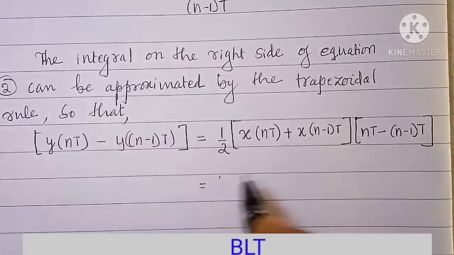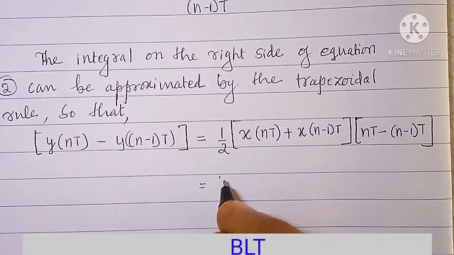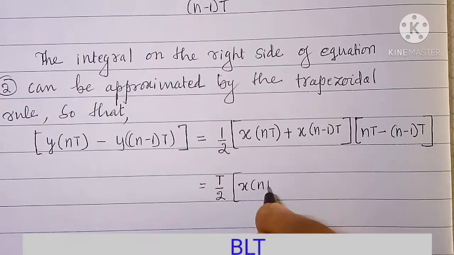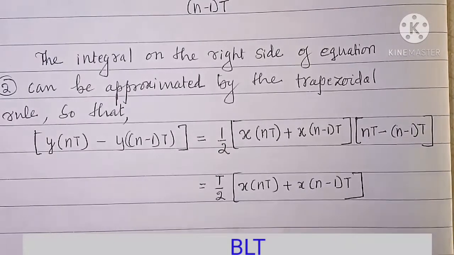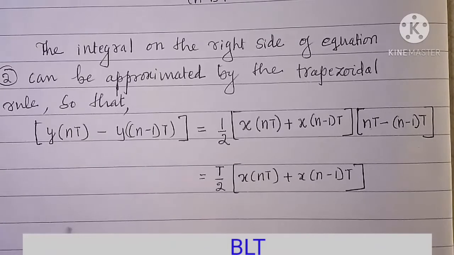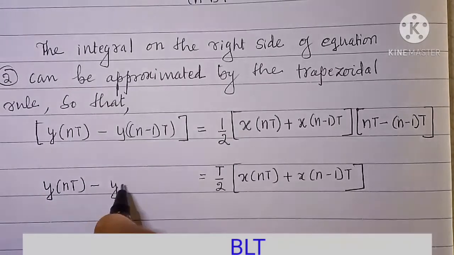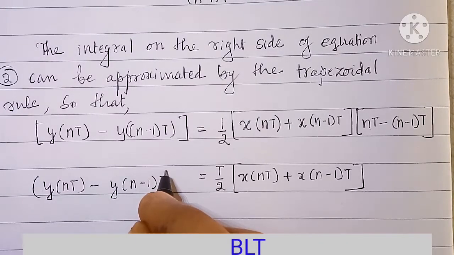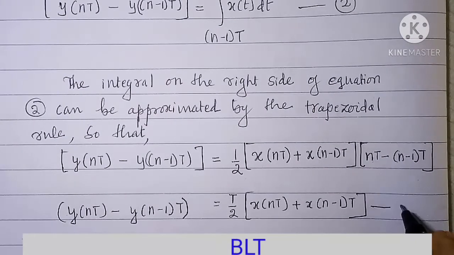On simplification we get nT minus nT plus T. nT minus nT will cancel, and we finally get capital T. So you can write here T by 2 into the bracket x of nT plus x of (n minus 1)T, and our LHS remains the same, y of nT minus y of (n minus 1)T. I will number this as equation 3 now.